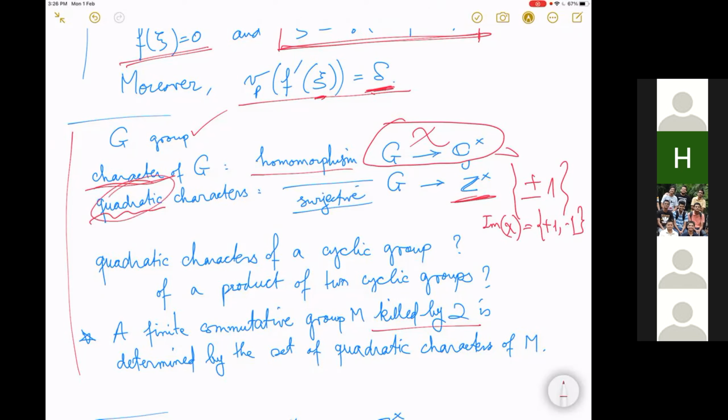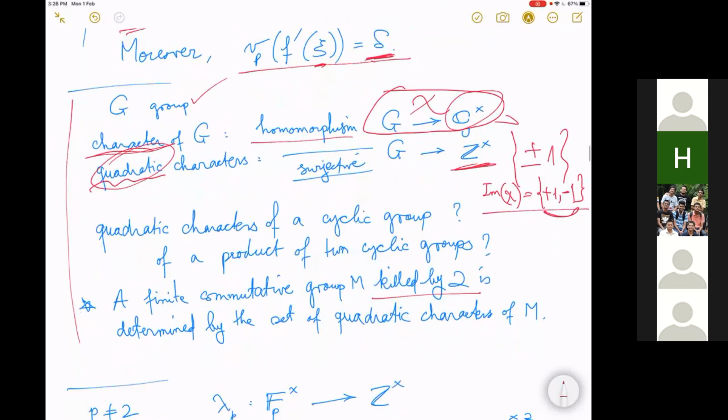Quadratic because it's of order 2. These are the two elements which are killed by 2 in C star. So a quadratic character is one which is of order 2 in the sense that its image consists of plus 1 and minus 1.